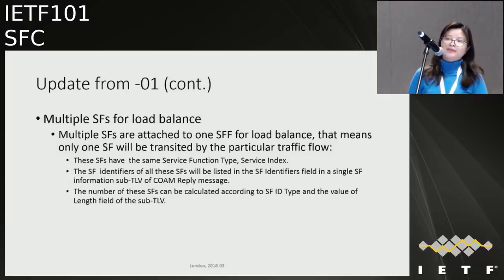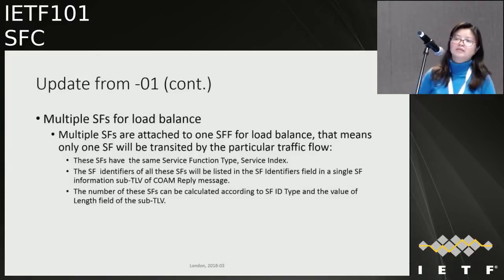So if you need to do something else to select a particular SFF performing the same SF function, then that needs to be done somewhere in the NSH encapsulation, not in this consistency OAM packet.